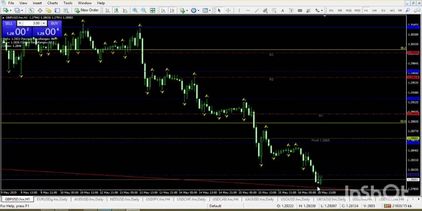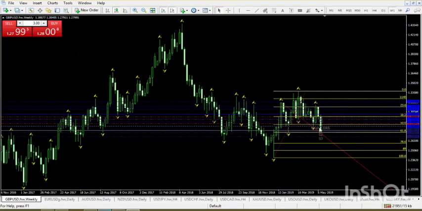So you shouldn't start selling because of these few pips. It's too risky to start selling here because there is a high possibility that it's going to go up, and if it does, you can't do anything because this is our weekly pivot. So you shouldn't take the risk here, and you have to do buy trades with decreased volume because the weekly candlestick is giving me that it's going to touch the pivot.